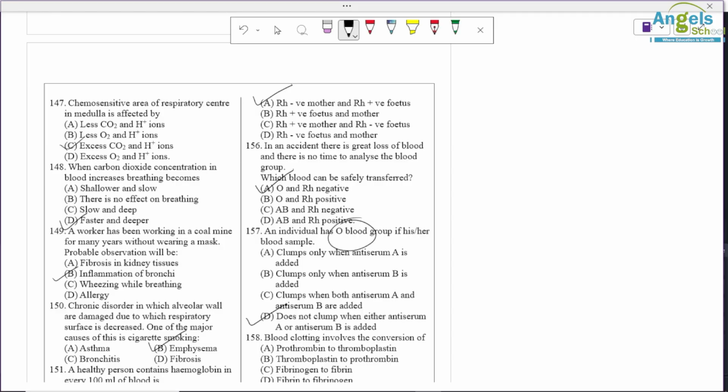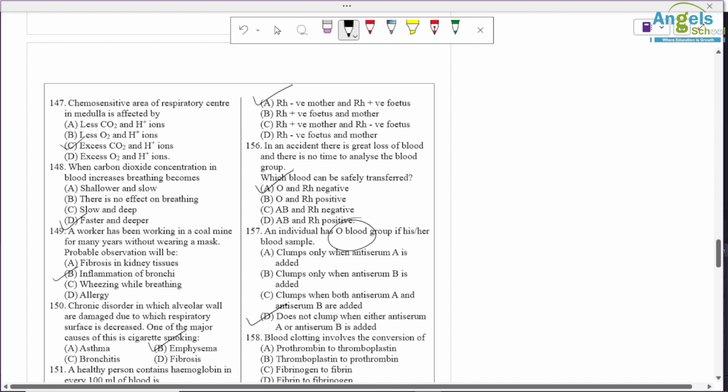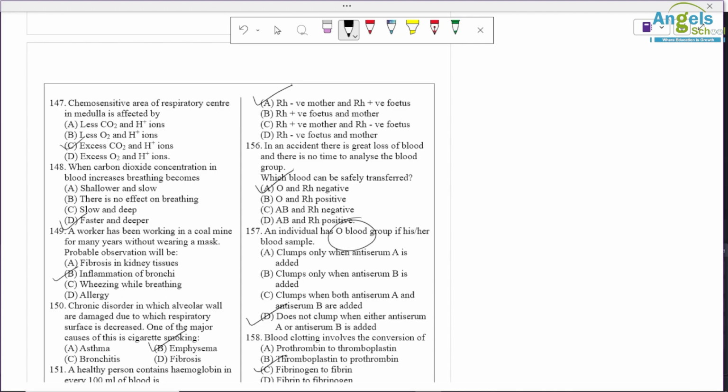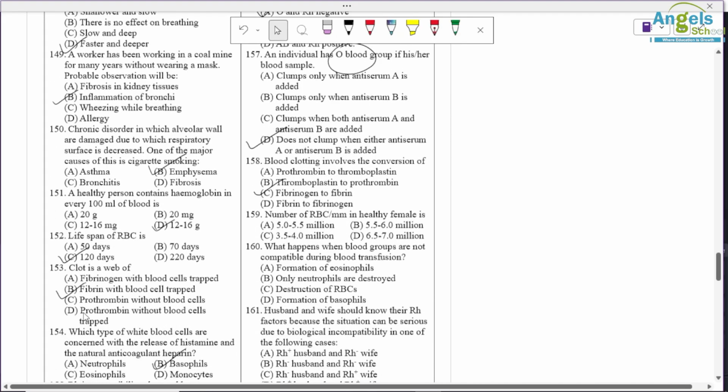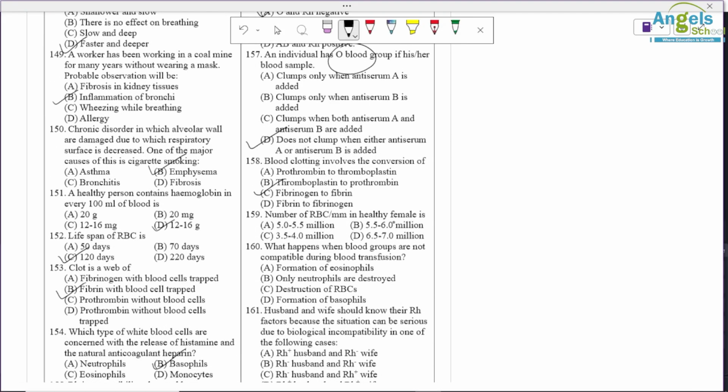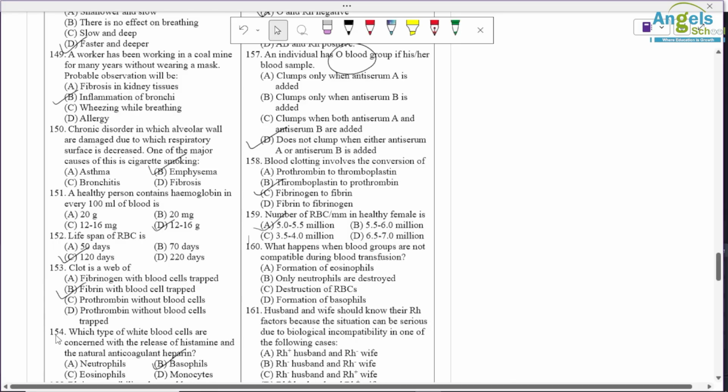Okay. Blood clotting involves conversion of, so it involves conversion of fibrinogen to fibrin only. The number of RBCs per mm in healthy female? Okay, so in healthy female, the number of RBC is 5 to 5.5 million per mm cube.